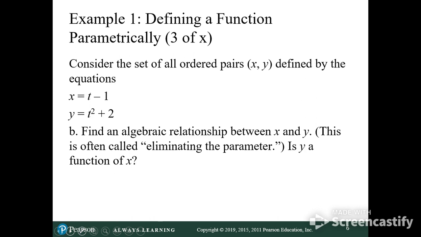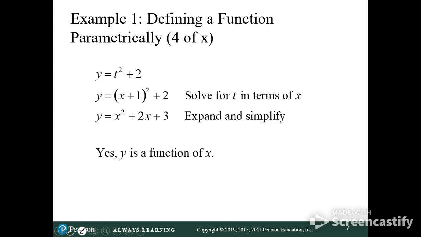All right. Is y a function of x in this parametric equation? We can take y equals t squared plus 2, and x was equal to t minus 1, right? Then we can replace the t with x plus 1.